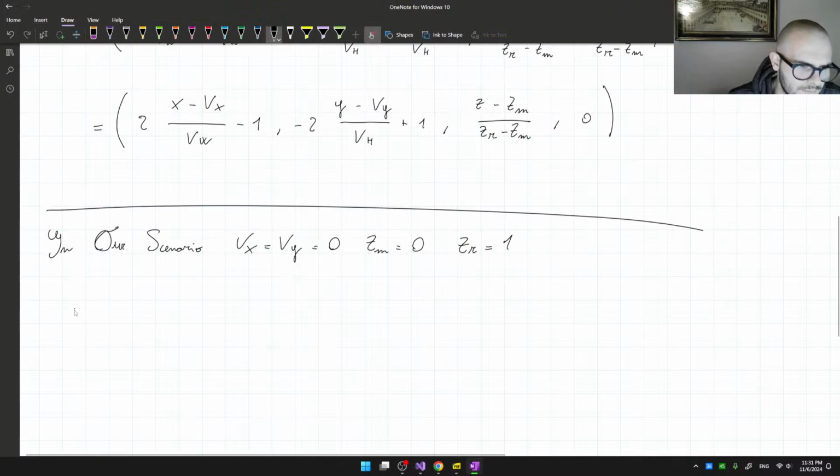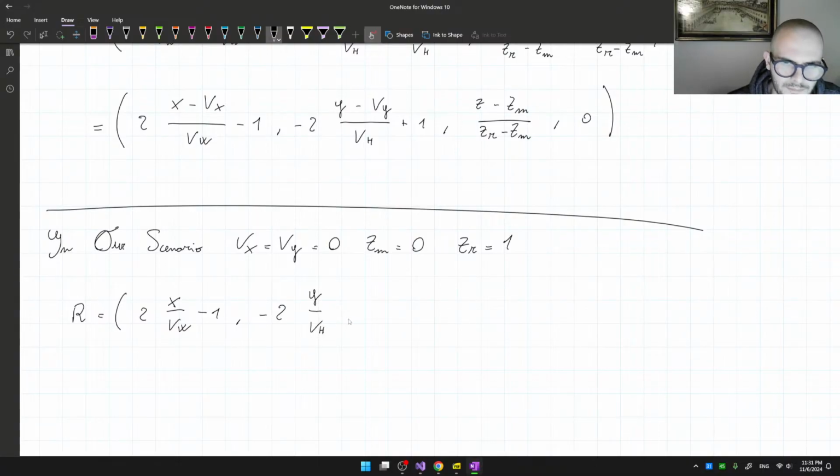So R is 2x divided by the view width minus 1, minus 2y divided by the view height plus 1, z divided by z max, which is 1, minus z min, which is 0, so it's just z.